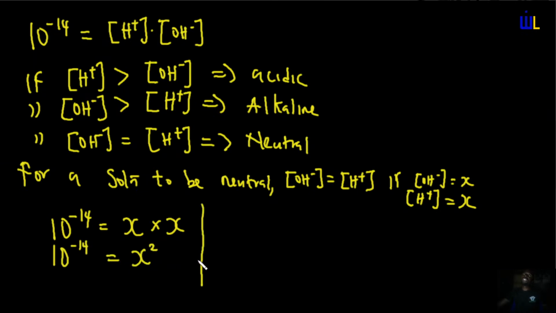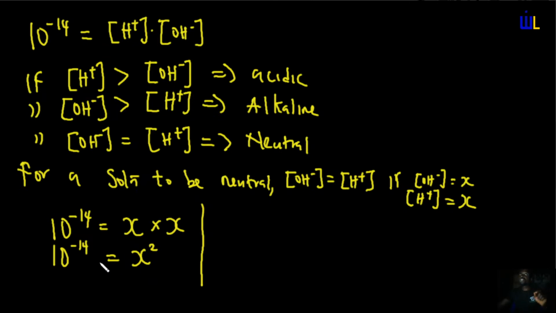For you to understand this, I hope you are conversant with your indices and logarithm. If you want to remove the power of an unknown, and the power is 2, you multiply both sides by 1/2. If you don't understand how to solve it, just look up indices.